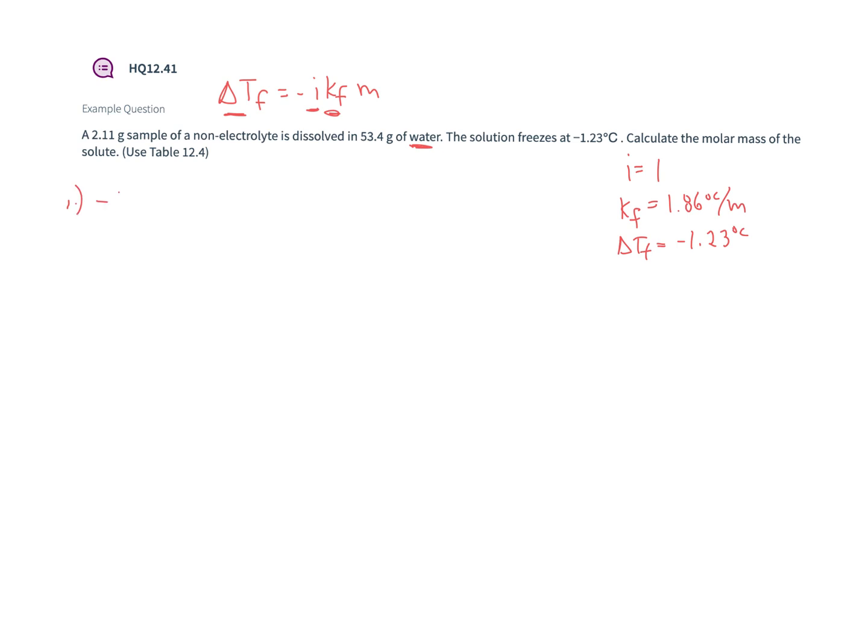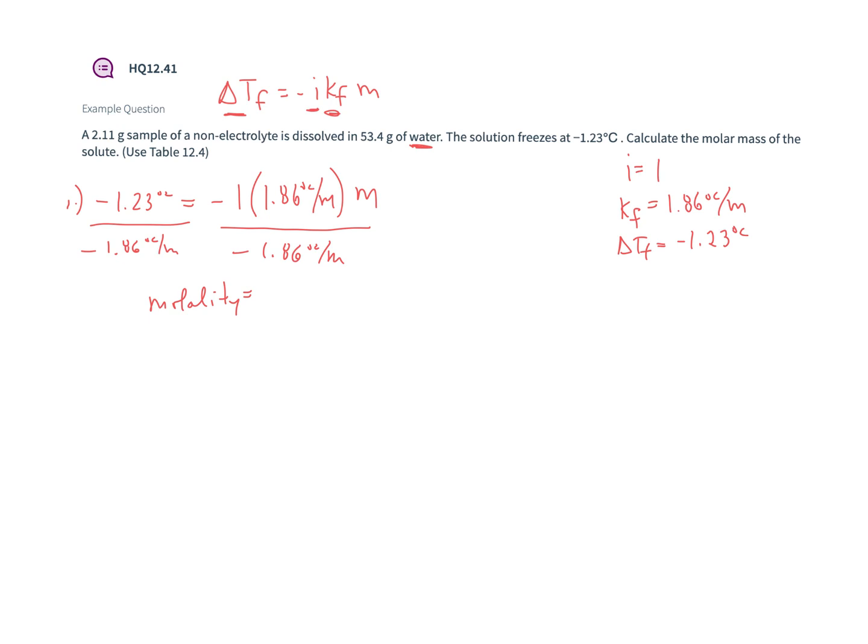So my change in my freezing point is minus 1.23 degrees Celsius. My van 't Hoff factor is 1. My freezing point constant is 1.86 degrees Celsius per molal times our molality. So we're going to divide across by negative 1.86 degrees Celsius per molal to see that the molality of this solution is approximately 0.661 molal.